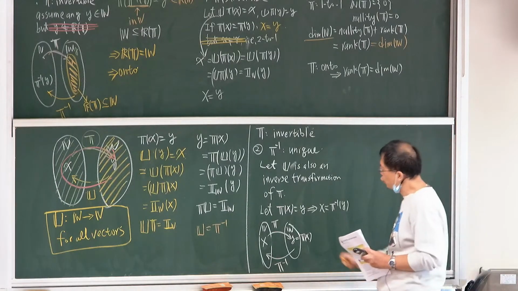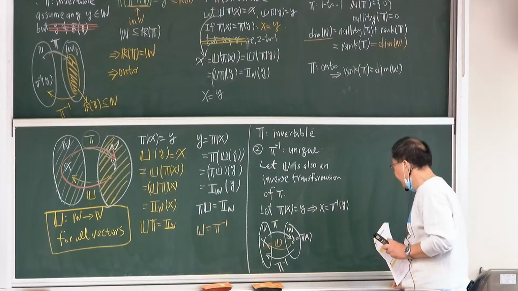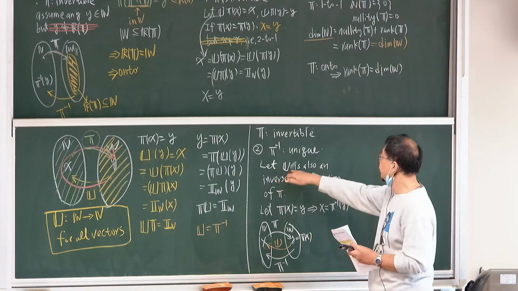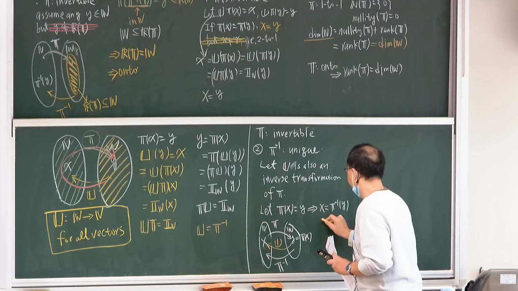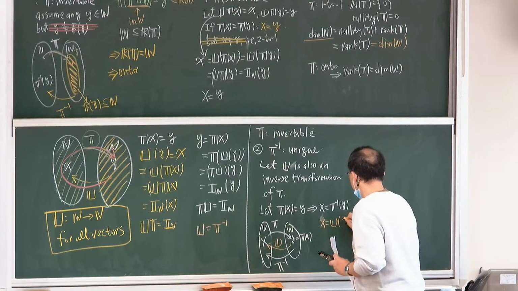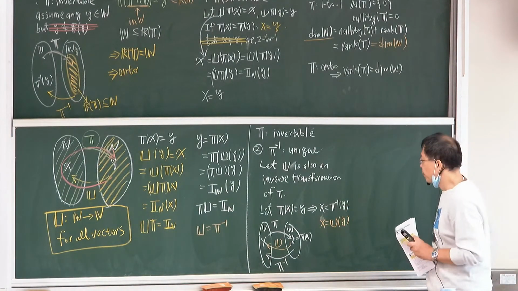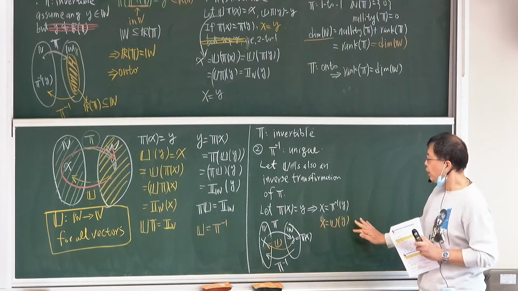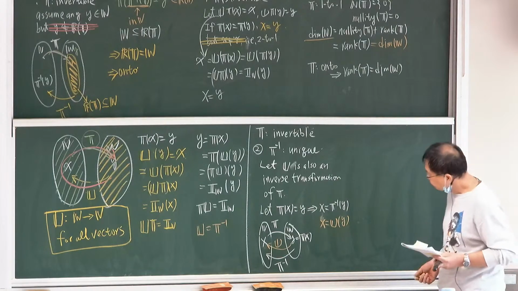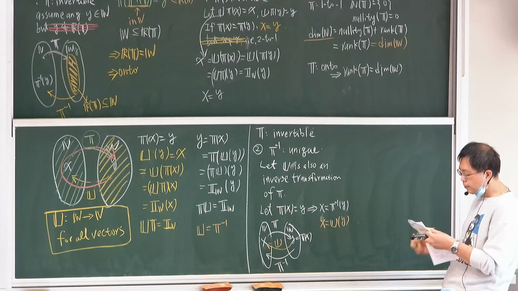And also we assumed another transformation U. Because U is also an inverse transformation of T, we also have x equals U of y, the transformation U on vector y. Okay, so we have this one.